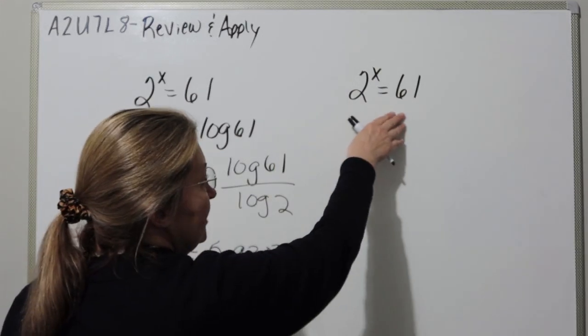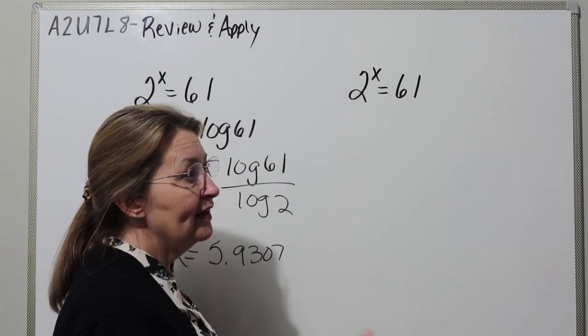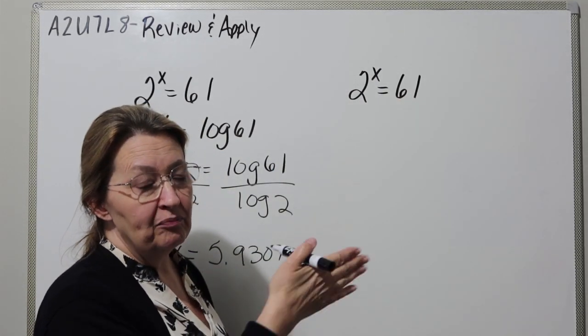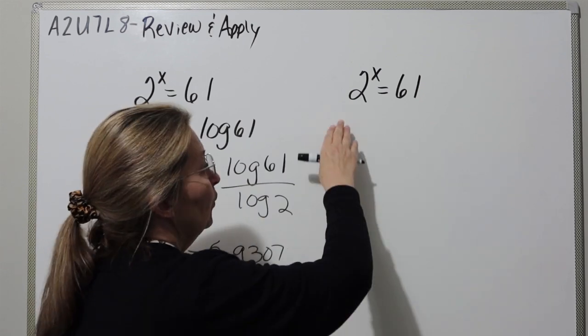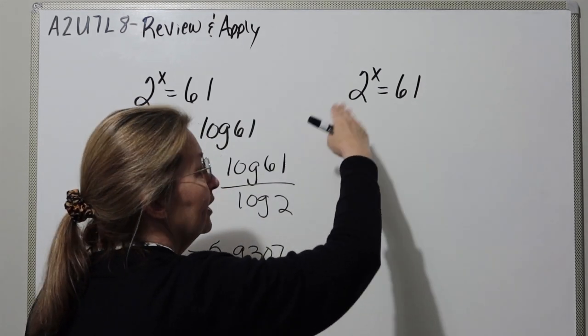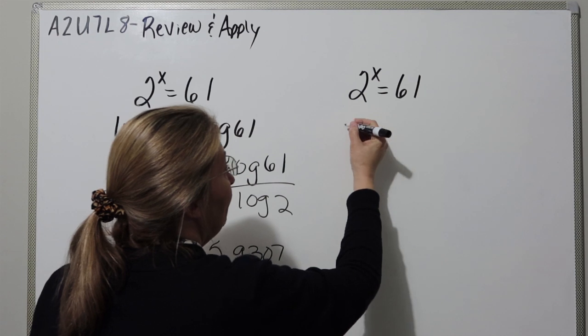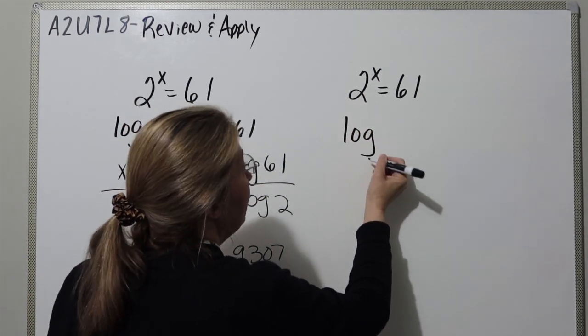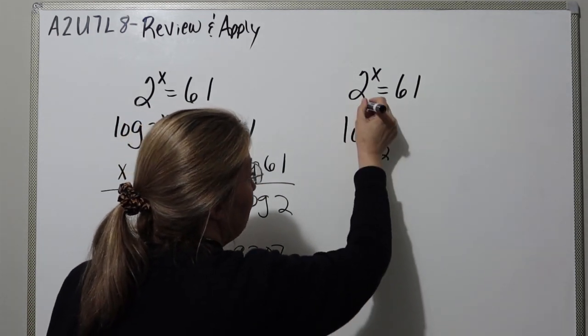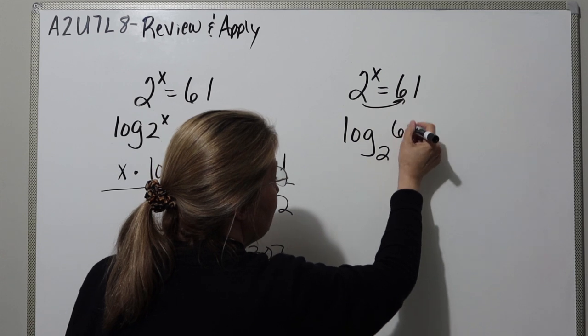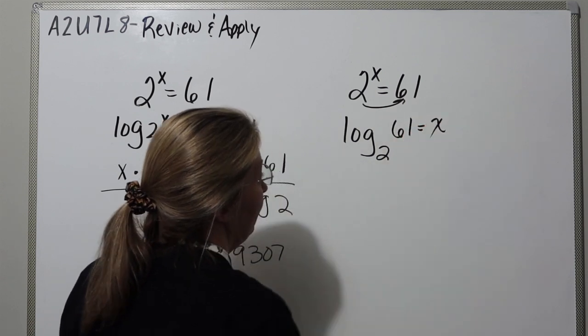We can take this exponential and we can rewrite it using our conversions from a couple of lessons ago. We learned how to take an exponential and rewrite it as a log, and we did that by log of base 2, remember, and then we swung over here, of 61 equals x.